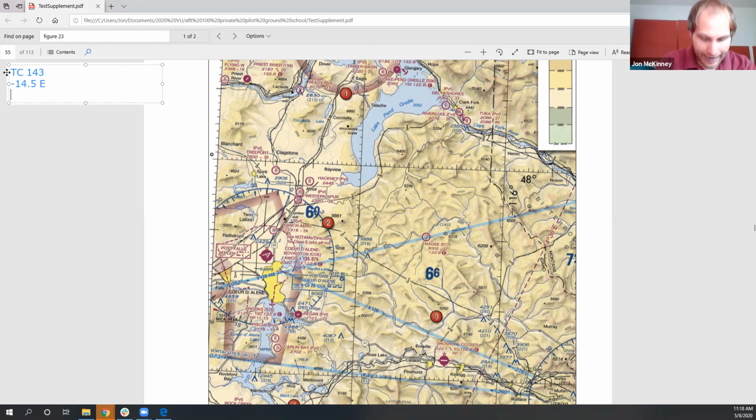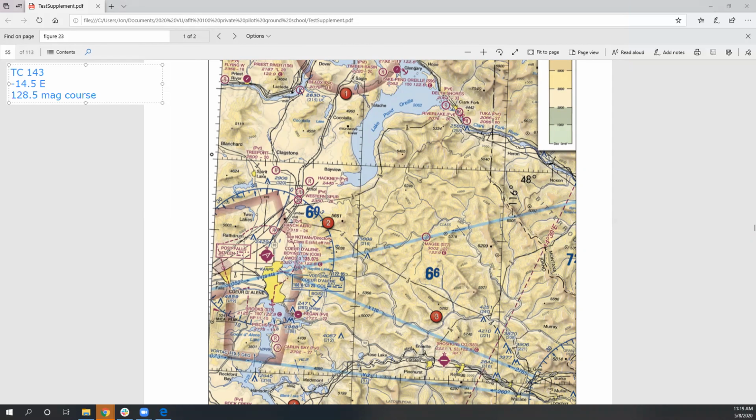So then we're at 128.5, and you called that your magnetic course. Yes, sir. Okay, and our next step was to do what? You would add or subtract your wind correction angle from your magnetic course. If it's left, you subtract, and if it's right, you add, and that gives you your magnetic heading.